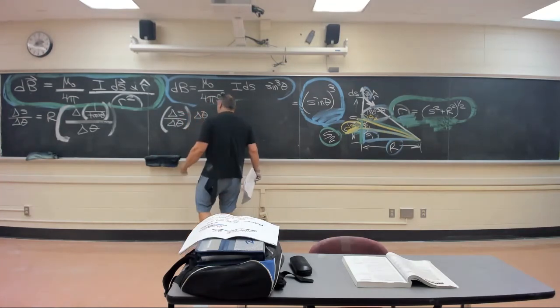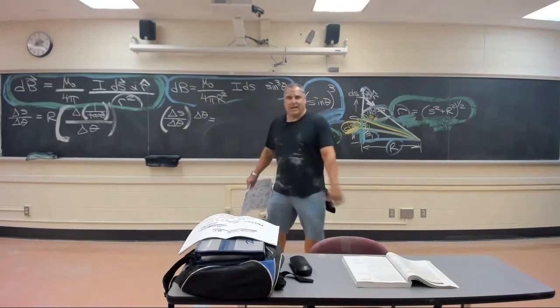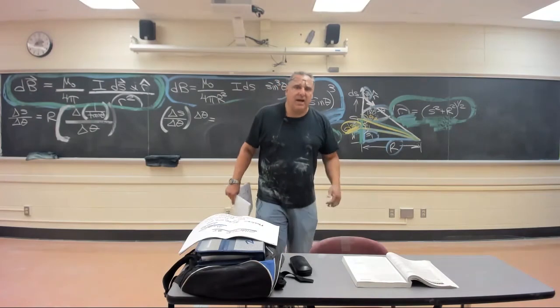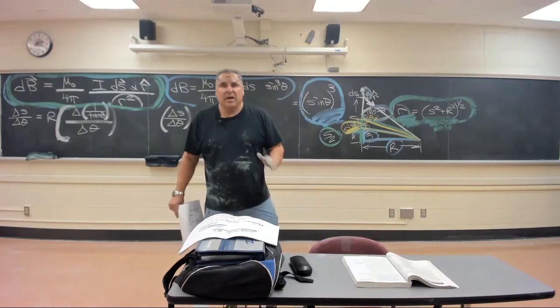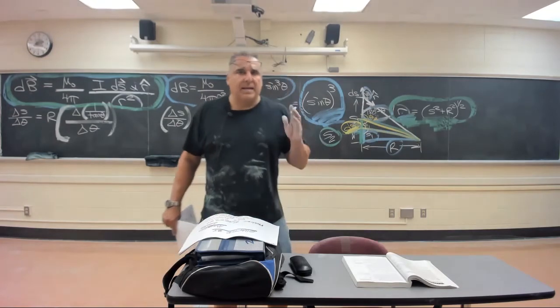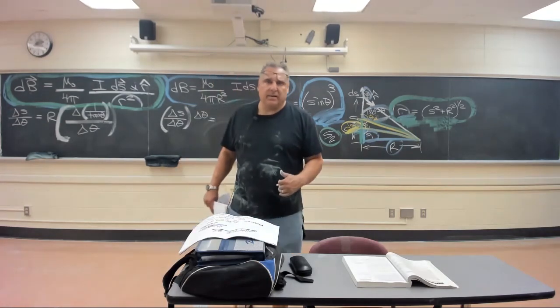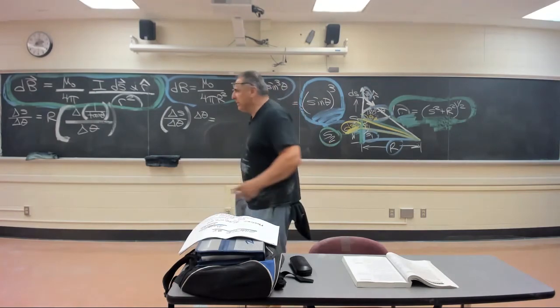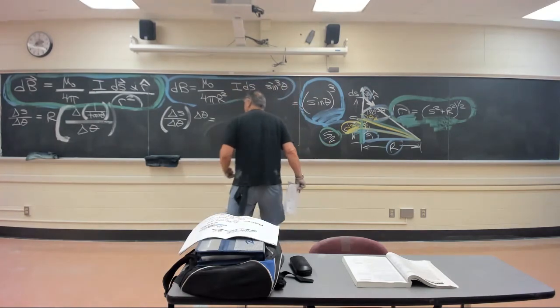Why are you going around in circles here? I mean, yeah, I got delta S again. I'm calling them d's and deltas here, kind of interchangeable, kind of not. If I'm taking delta S over delta theta, and multiplying by delta theta, I got delta S. You're probably wondering, what is he doing? Why is he doing that?